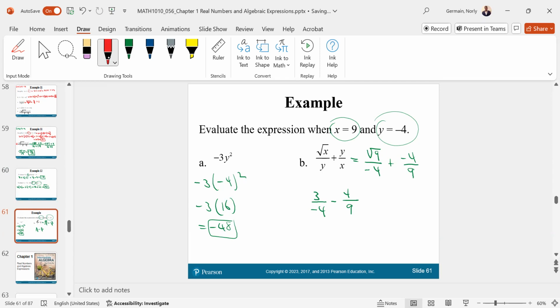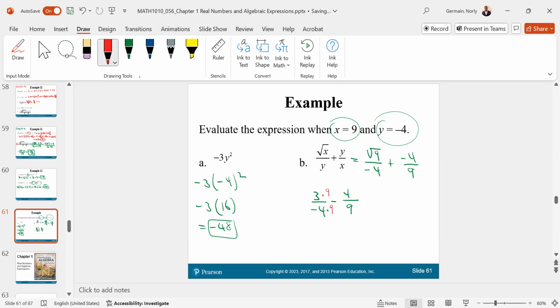For 9 it is 9, 18, 27 doesn't divide. You remember 27 doesn't divide 4. 36 is the closest one. So to find 36, we know 9 times 4 is 36.